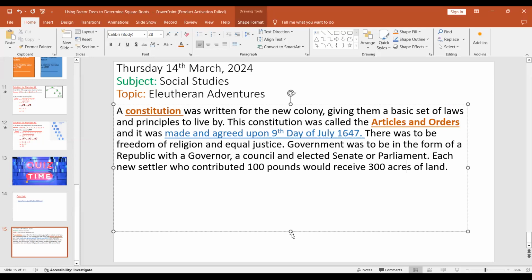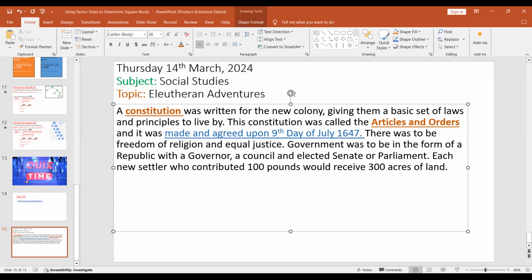Very good. Based upon this Constitution, what were they going to have freedom to do? To worship whatever religion they want to. Yes, freedom of religion, and they're going to have equal justice, right?